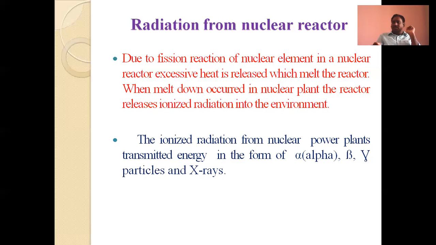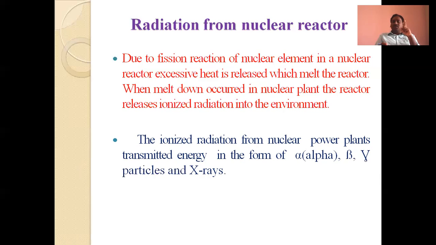But when ionized radiation comes from nuclear power plants, it has a serious impact on the environment and human life. Why? Because radiation is the transfer of energy. Ionized radiation means the energy is transmitted in the form of alpha particles, beta particles, gamma rays, and X-rays.